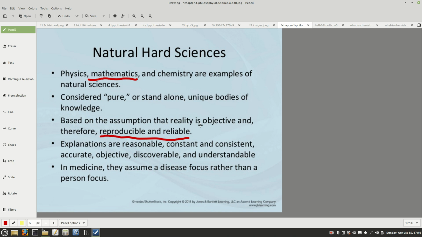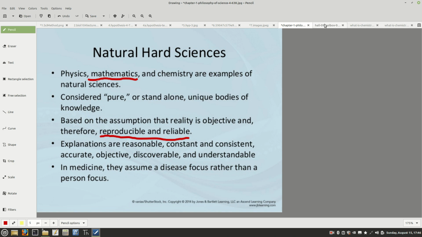Now there can be additional things discovered later, but you don't get a lot of surprises in physics and chemistry. You find this in medicine a lot. Diseases focus rather than on person. The whole idea here is that physics and chemistry are definitely hard sciences, because you can do really good experiments that are reproducible over and over by different people and they get the same results.